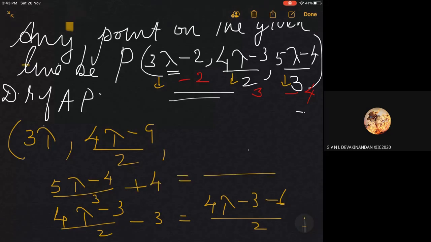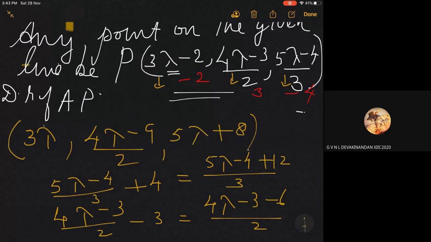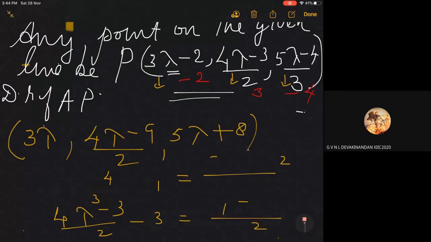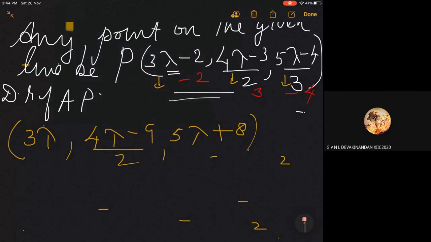Simplifying with 3 as LCM, 5 lambda minus 4 plus 12, so finally you get 5 lambda plus 8. So this is our direction ratio.